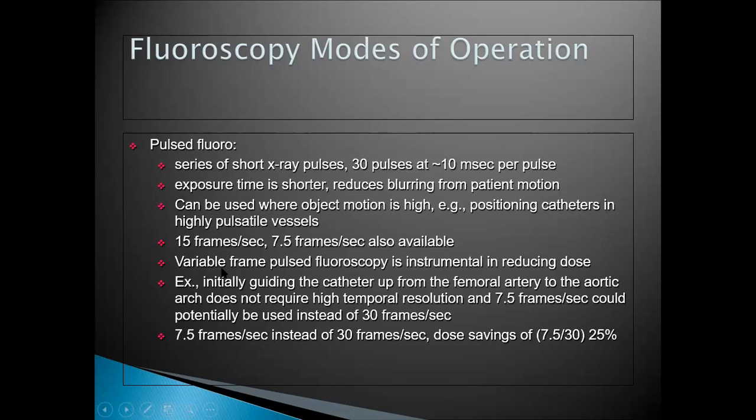We can do this if we wouldn't have a problem of blurring. If blurring is not going to introduce any problem in the fluoroscopy procedure, then we could go for very small frame rates, 15 frames per second, 7.5 frames.